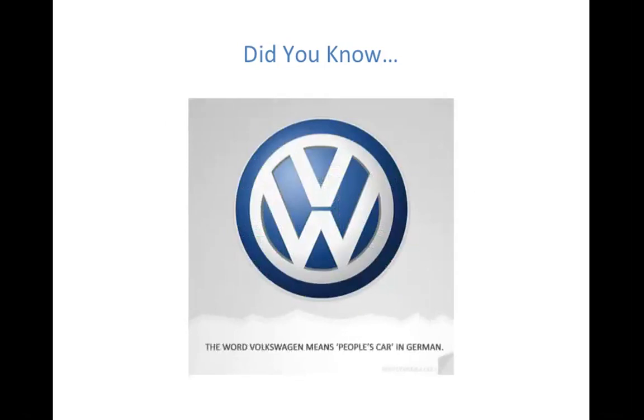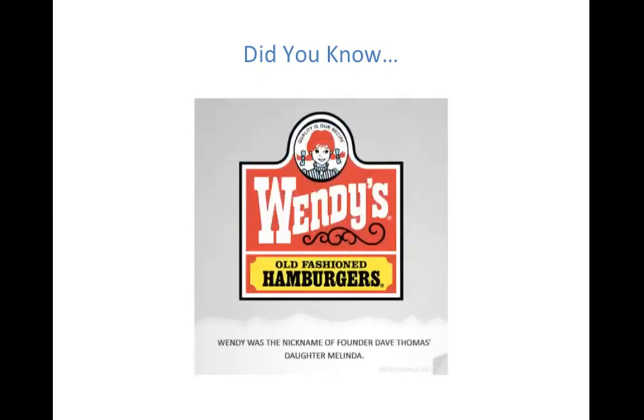Volkswagen means people's car in German. You might not know that. I had a Volkswagen Jetta many years ago, and I actually did not know this until I looked into it for this class. Wendy's. Wendy was the nickname of founder Dave Thomas's daughter, Melinda. A cute fun fact there.